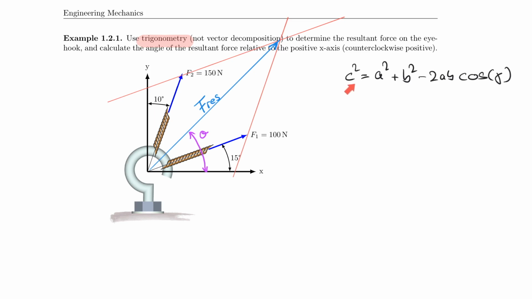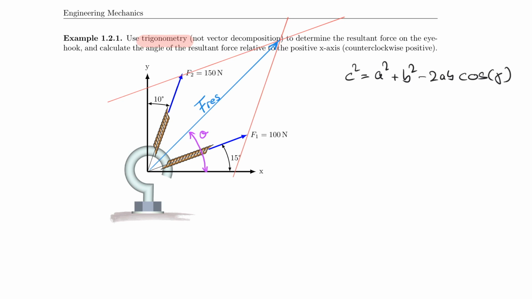Well, I would argue that it is easiest to apply it in the fashion that I'm looking for the F resultant. So F resultant would probably be my c, and then I have a and b. And so all that's left to do for me is to find the angle gamma, which is the one between a and b, remember, right? So it's the angle right here.